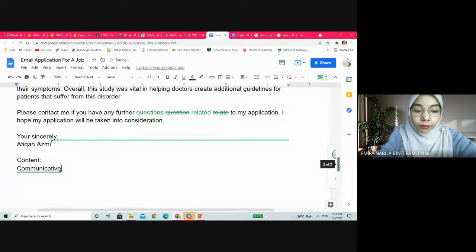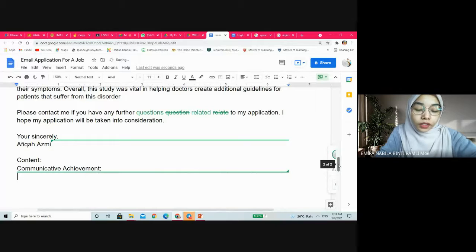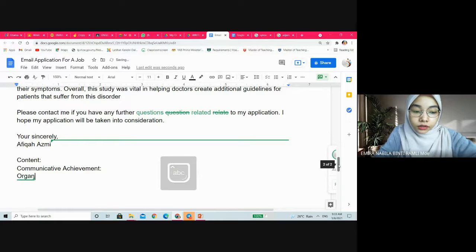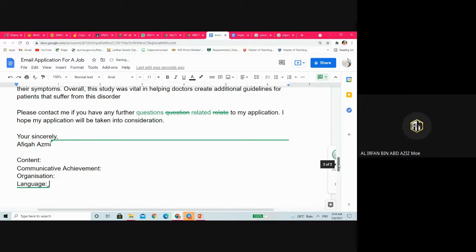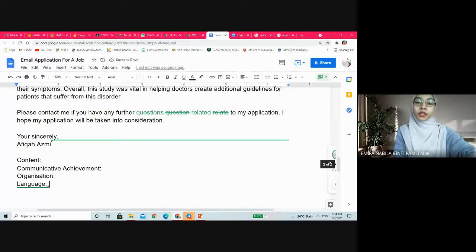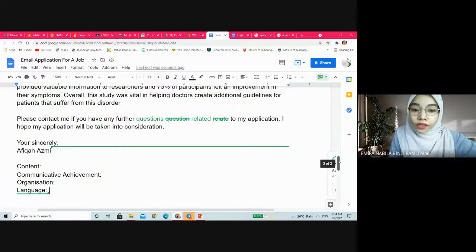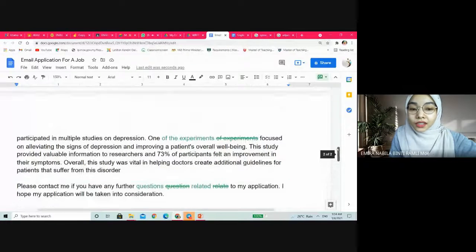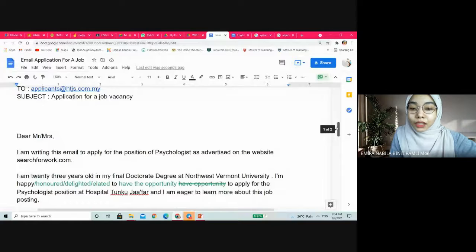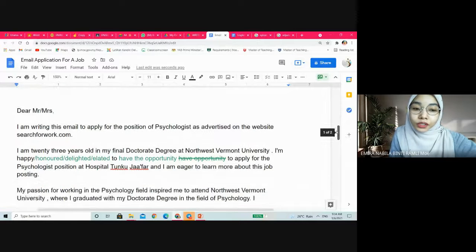We've got another one, what was it, Alifan? Organization. And the last one is language. What does she lose? How much would you give language? 4. So Arifan is the lecturer right now. Okay, so he gives only 4 for your language, Afika Azmi.